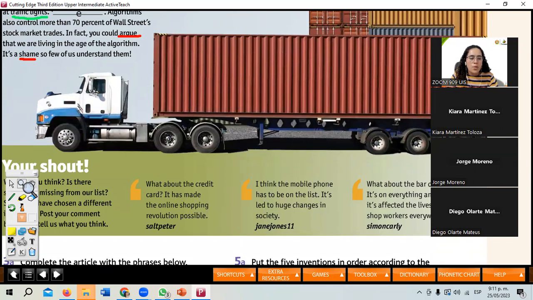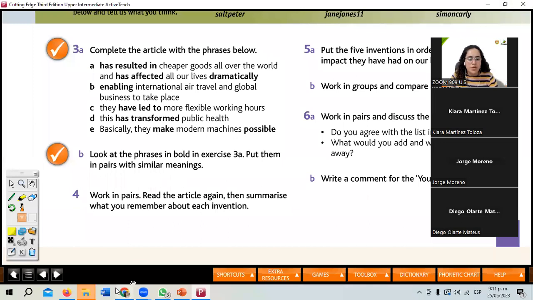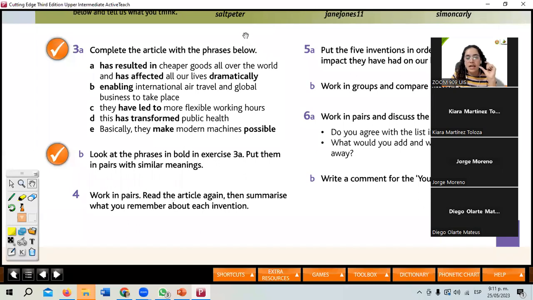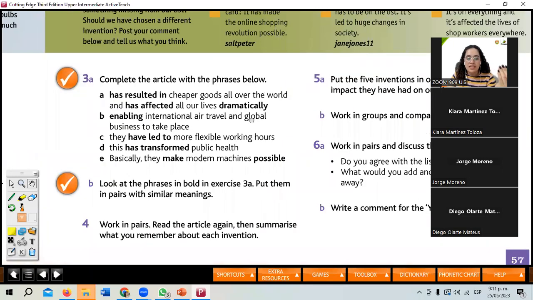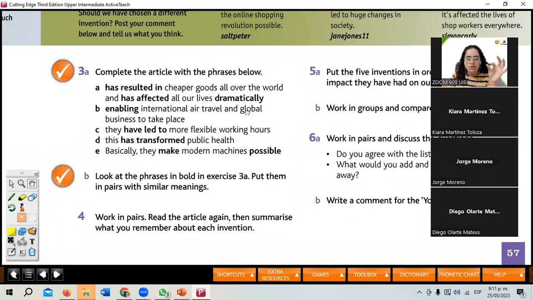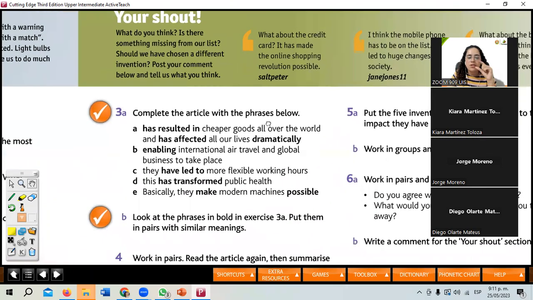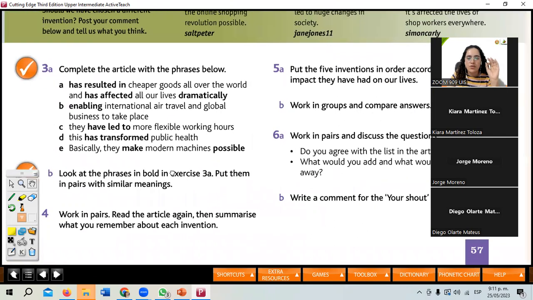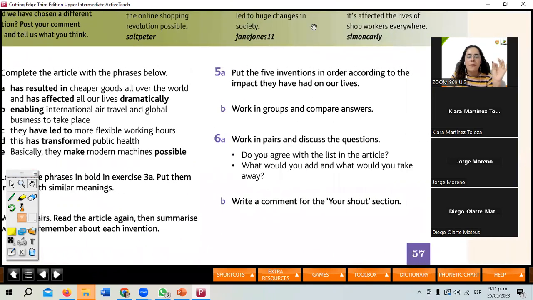All right, guys, listen. So now we are going to complete exercise number 4. You're going to do it in groups to create a short summary of what you remember from the text for each invention, all right? Maybe 2 or 3 lines. You are going to summarize the main ideas in the text for each invention, okay?